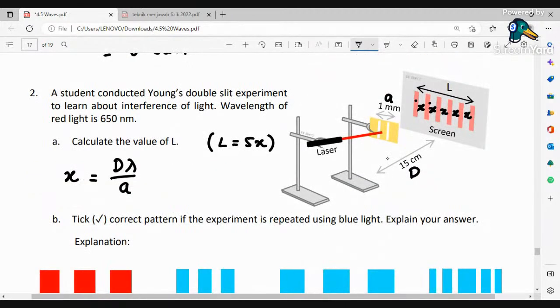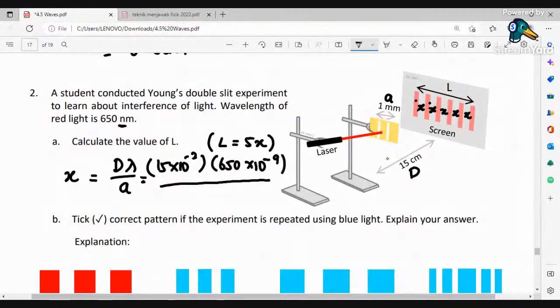Check the unit: millimeter, centimeter, nanometer. So unit conversion. d, let's say I use meter, so 15, 10 power negative 2. Lambda is 650 times 10 power negative 9, because nano. Divide by a in millimeter, so it's 1 times 10 power negative 3.